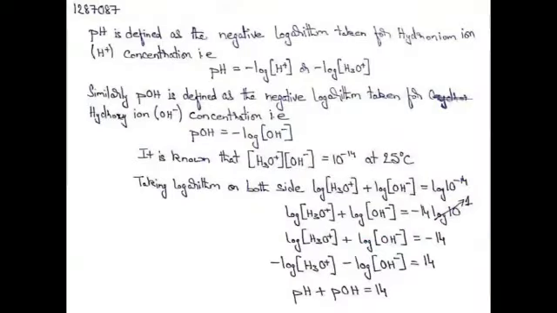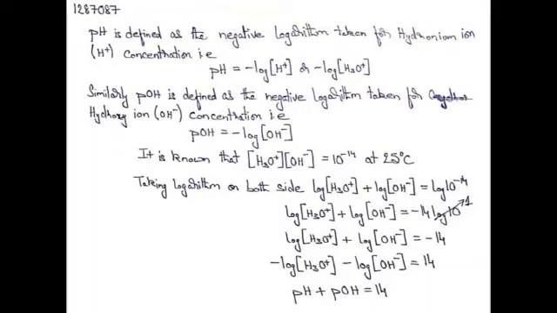We see the definition of pH and pOH. pH is the negative logarithm of hydrogen ion concentration, and pOH is the negative logarithm of the OH- ion concentration.